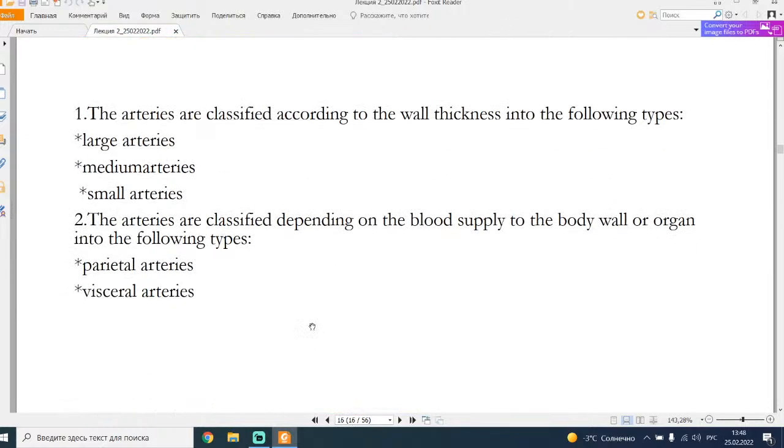The arteries are classified according to wall thickness into the following types: large arteries, medium arteries, small arteries. Next, the arteries are classified depending on the blood supply to the body wall or organ into the following types: parietal arteries, visceral arteries.